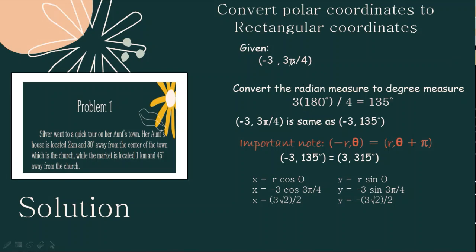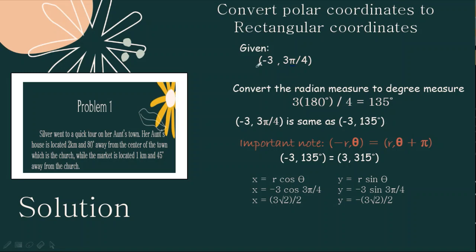Again, pi is equal to 180 degrees, so we substitute 180 for pi. So 3 times 180 degrees all over 4 is 135 degrees. Therefore, negative 3, comma, 3 pi over 4 is the same as negative 3, comma, 135 degrees.